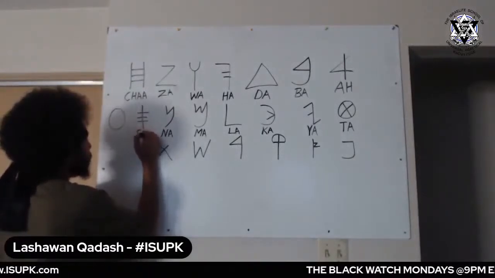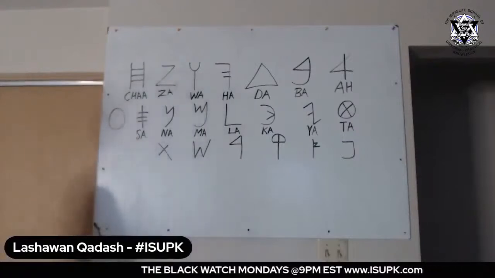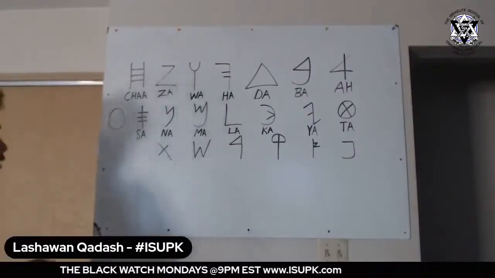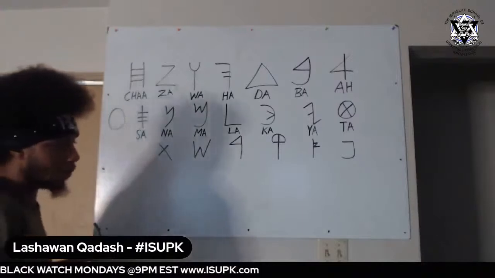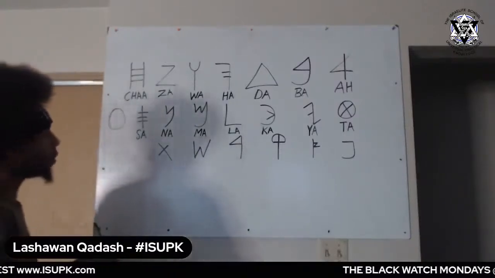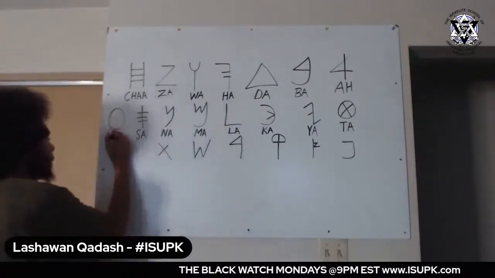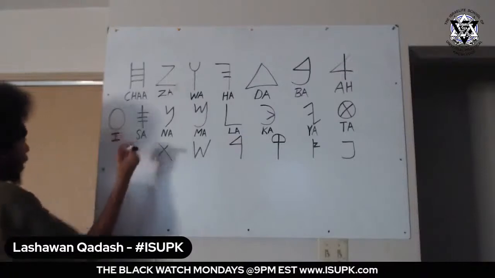Now we have sa, S-A. Sa, like sapar, right? The word sapar by definition means book. We have I. It's simply I, right?